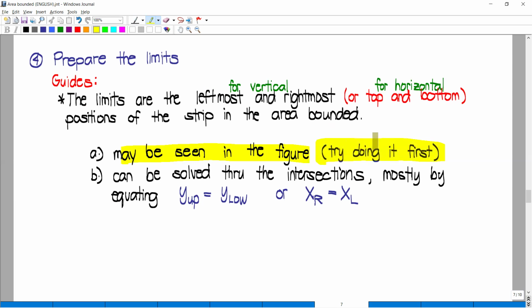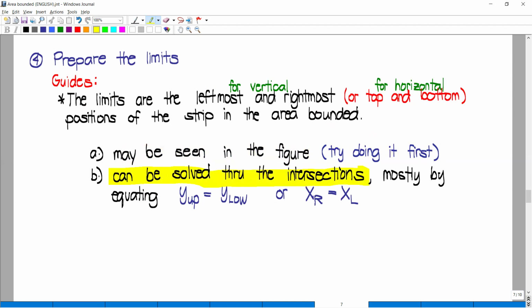Does our figure show the limits? But sometimes our graph or figure is not showing the exact value of the limits. So if that happens, the limits can be solved through the intersections of the boundaries.